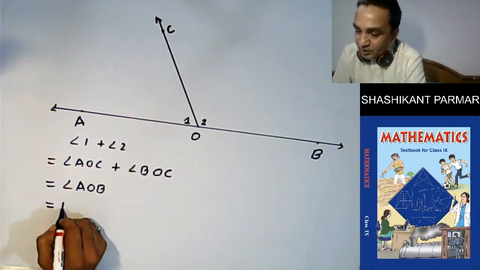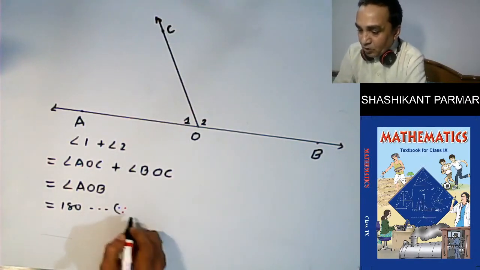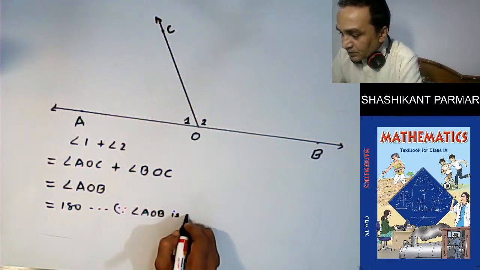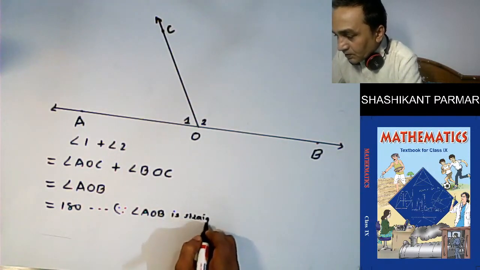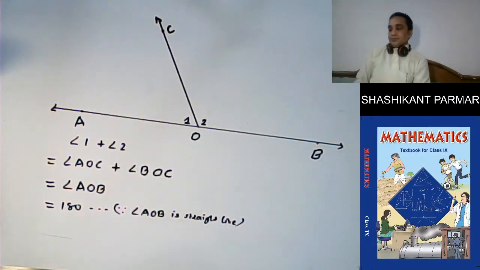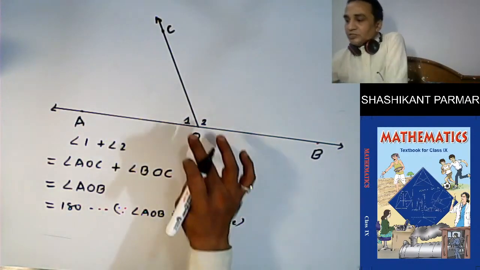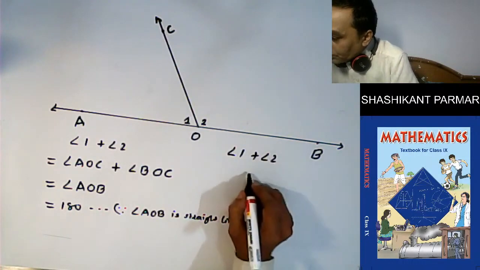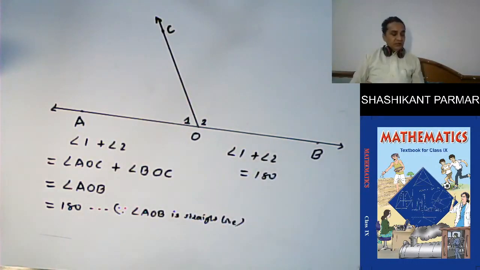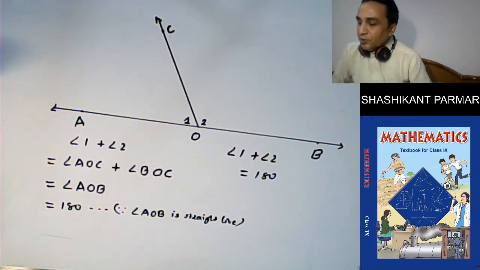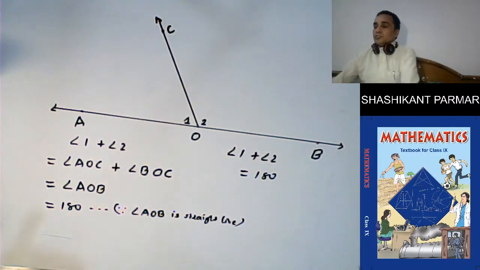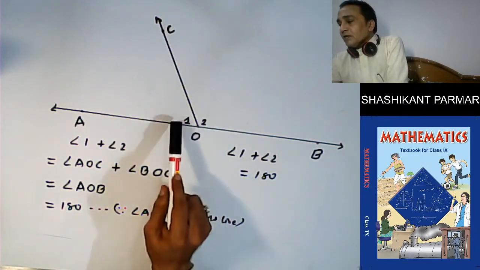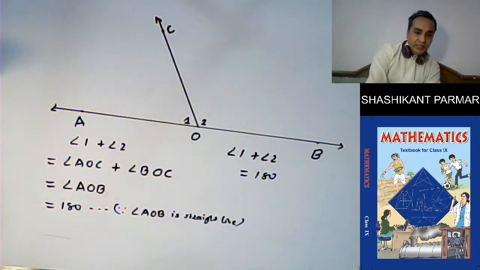AOB is a straight line, so it is 180. So that means angle 1 plus angle 2 is equal to 180, and in other words you can say that the sum of angles of a linear pair is always 180.